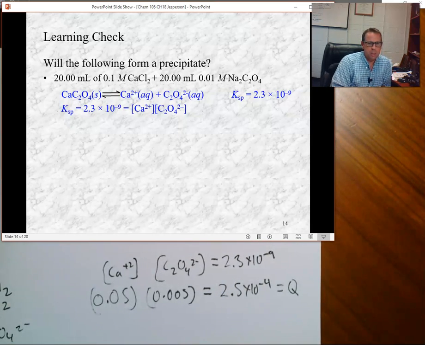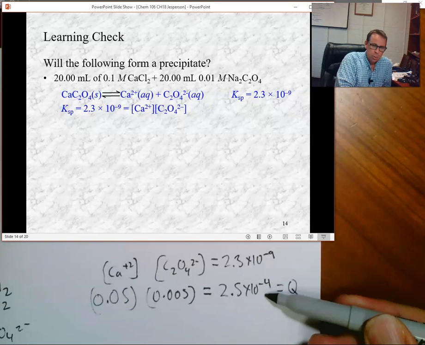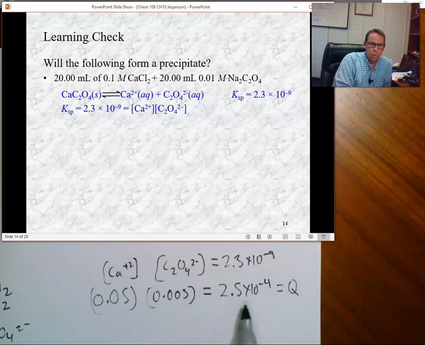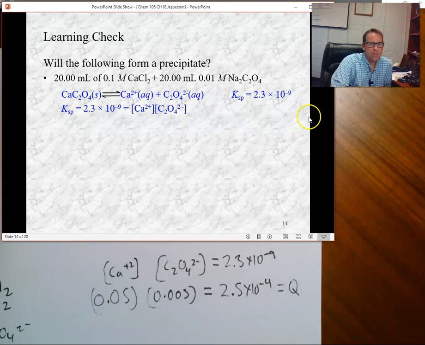Okay, our KSP. So if we're currently at 2.5 times 10 to the minus 4, will this shift towards more soluble ions or towards less soluble ions? Well, because it's bigger, will it move to the left? That's right. It'll move to the left and it'll form this solid, this precipitate. Very good. So it will form a precipitate.